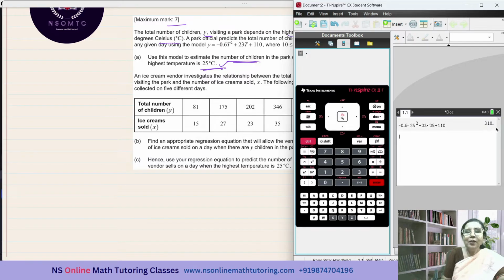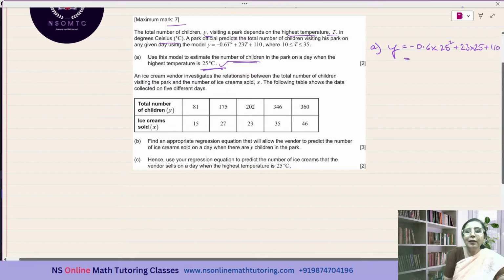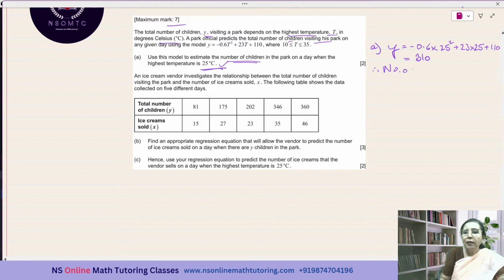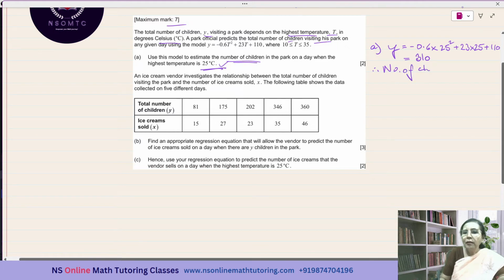The answer is 310. So 310 children are visiting the park on that day. Therefore, the number of children is equal to 310.